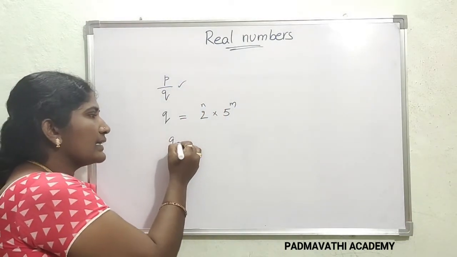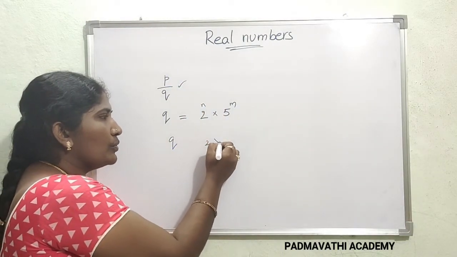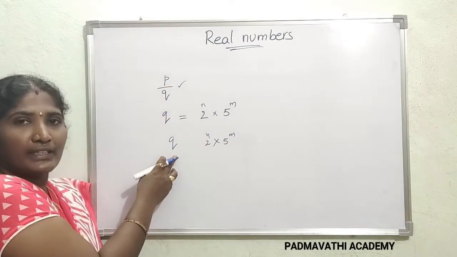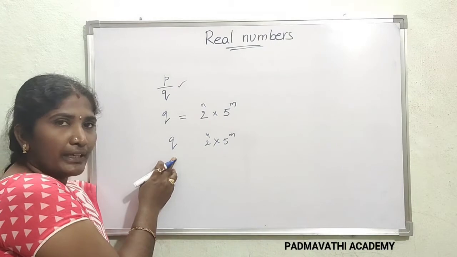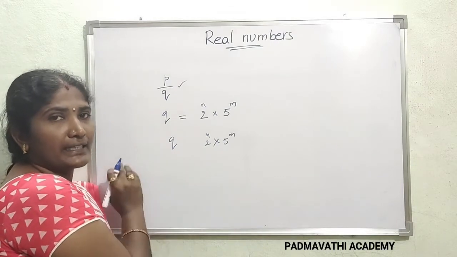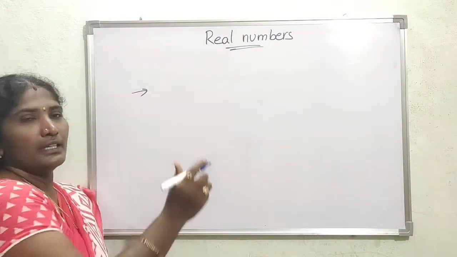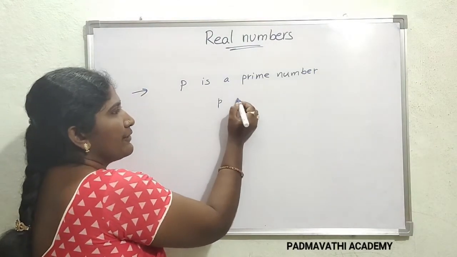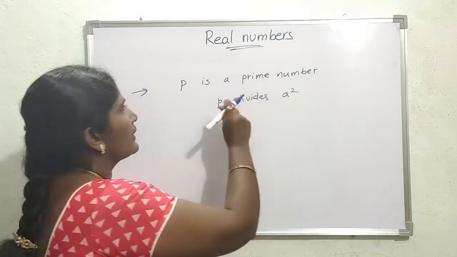If the denominator contains factors other than 2 and 5, then the decimal expansion of the rational number does not terminate and is repeating.